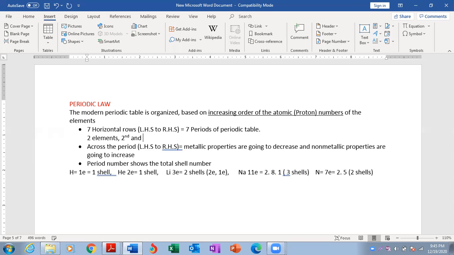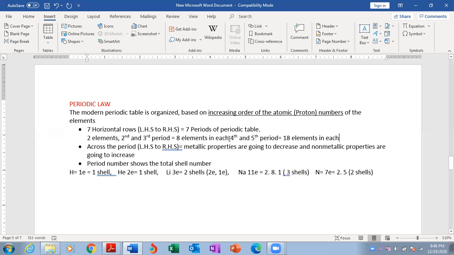The second and third periods keep 8 elements in each. Now the fourth and fifth periods have 18 elements in each.